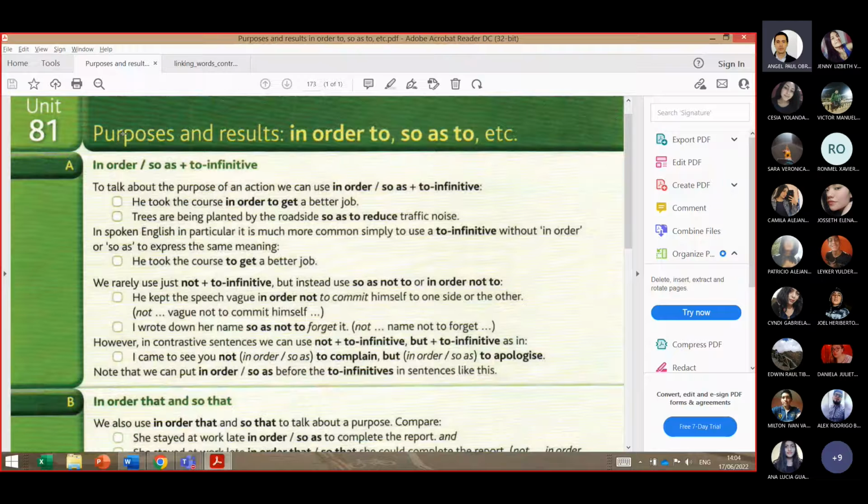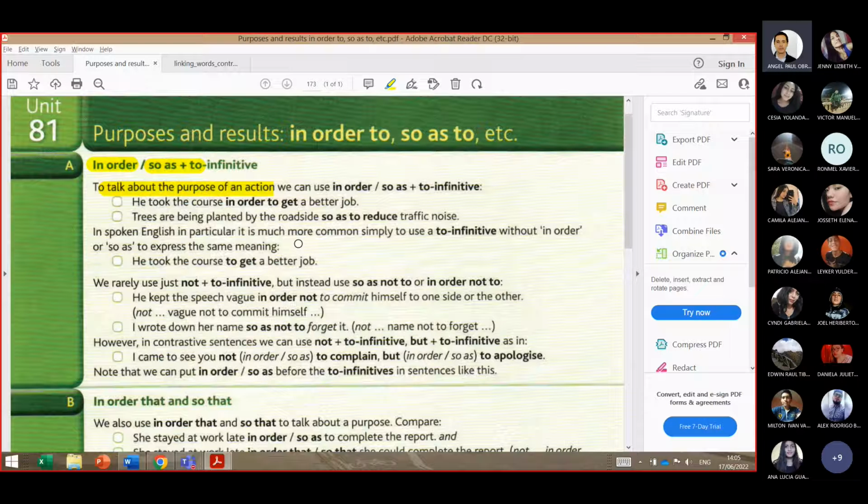So purposes and results. In order to, so as to. We use in order to, so as to plus the infinitive to express the purpose of an action, as you can see here, to talk about the purpose in an action.